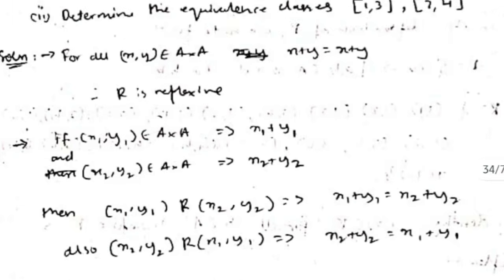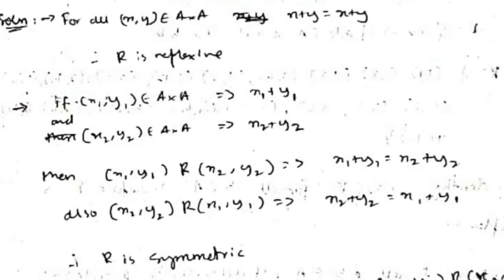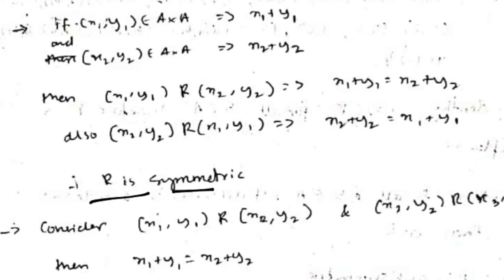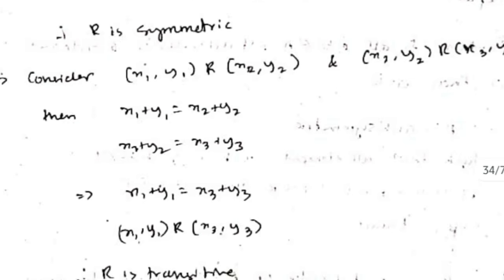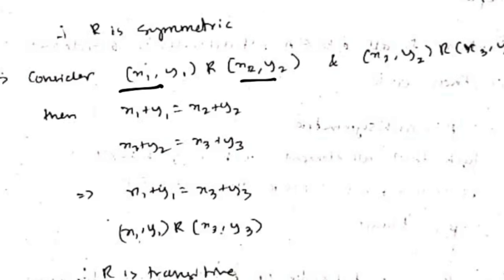In the next case, we will consider two terms, which is x1 y1 and x2 y2. Since x1 plus y1 is equal to x2 plus y2 and x2 plus y2 is equal to x1 plus y1, these both are same, so R is symmetric. Then in the third case, we will consider three items, x1 y1, x2 y2, and x3 y3.